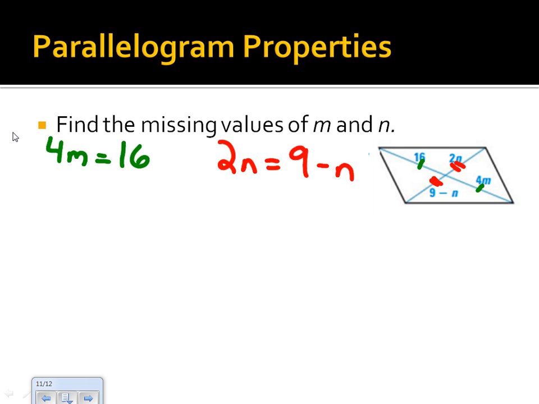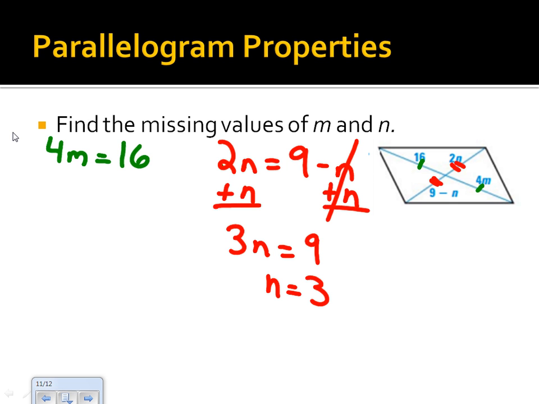So let's do the red one first. I'm going to add N to both sides. These cancel because you have a minus N plus N. So you get 2N plus 1 is 3N equals 9. So N equals 3. And on the other side, what do I need to divide by? 4. So M equals 4.